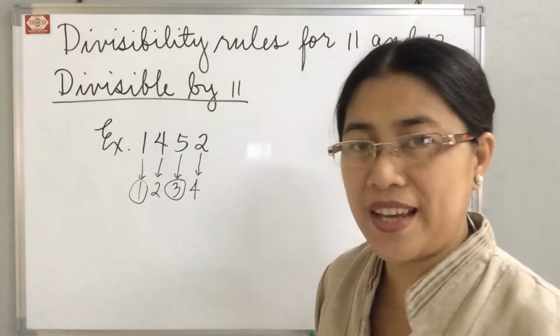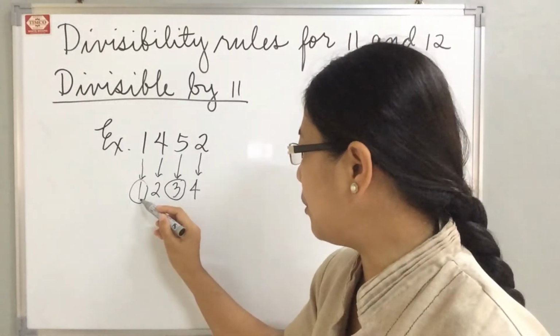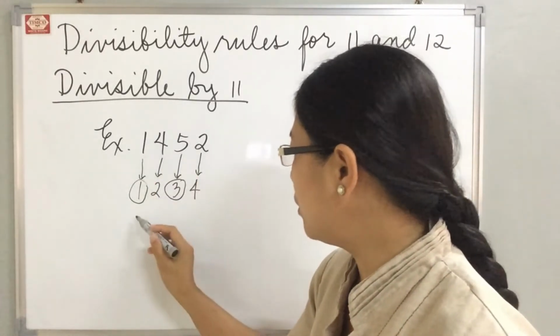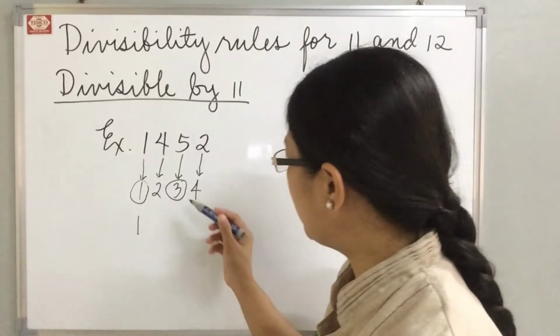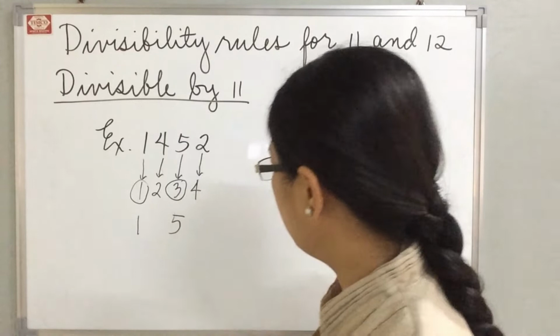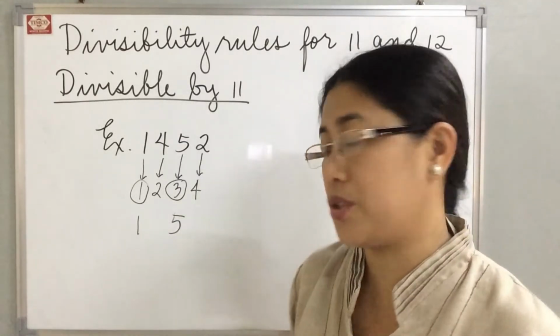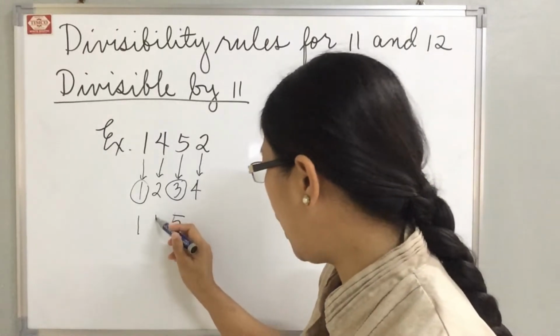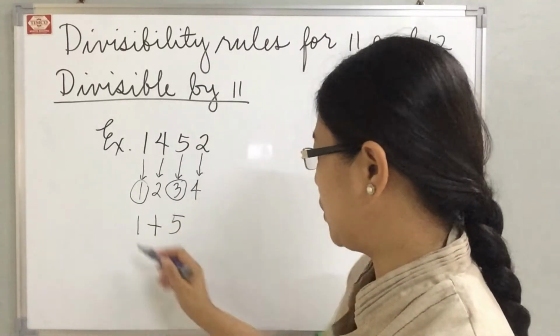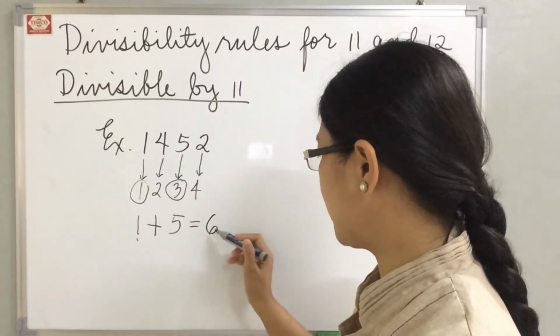Let's now get the digit on top of them. What is the digit on top of number 1? We have 1. On top of number 3 is 5. It says in our rule that we have to get the sum, so let's add 1 and 5. 1 plus 5 is equal to 6.